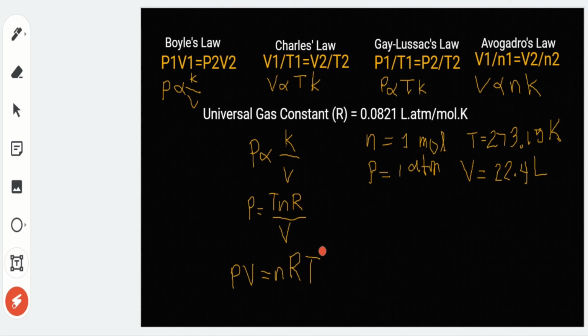So from this, we can calculate the universal gas constant. Let's derive the equation from this. So we have now, universal gas constant is equal to pressure times volume over the number of gas times temperature.